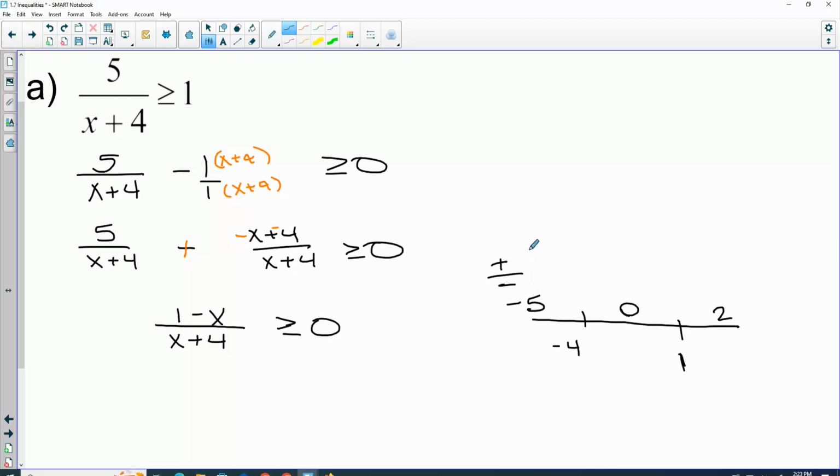A positive divided by a negative. If we put in a 0, 1 minus 0, positive 1. 0 plus 4, positive 4. Positive divided by positive. Okay, if we put in a 2, 1 minus 2 is negative. 2 plus 4, positive. Negative divided by a positive.